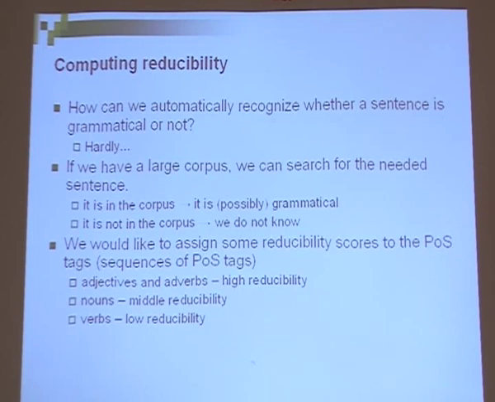And if it is there, it's possibly grammatical. Of course, in the corpus can be everything, but it's quite likely that the sentence is grammatical. If it is not in the corpus, we don't know, because the majority of sentences are not in our corpus.